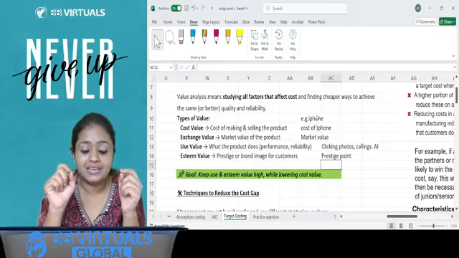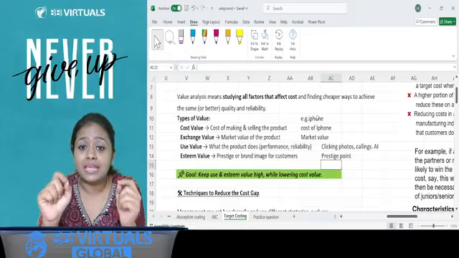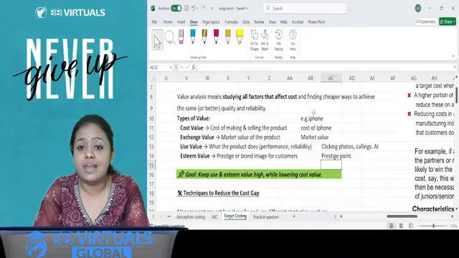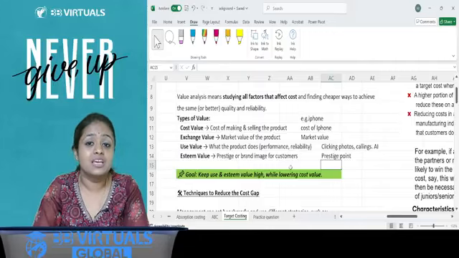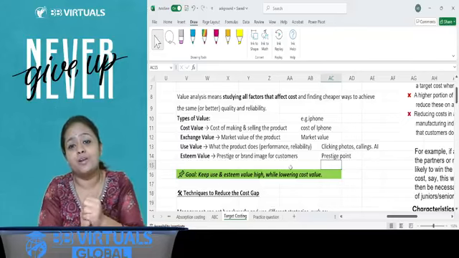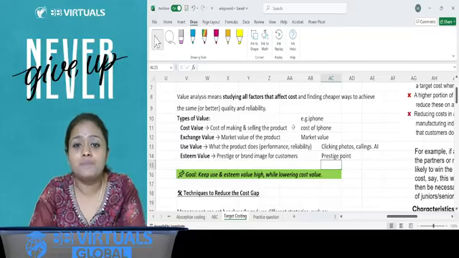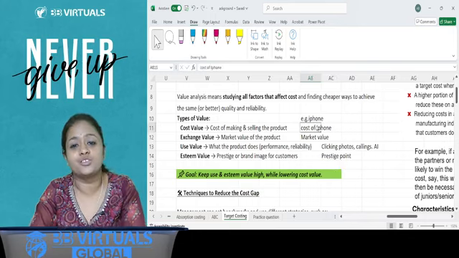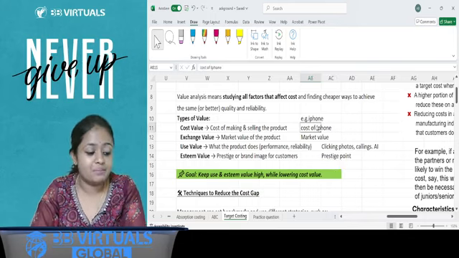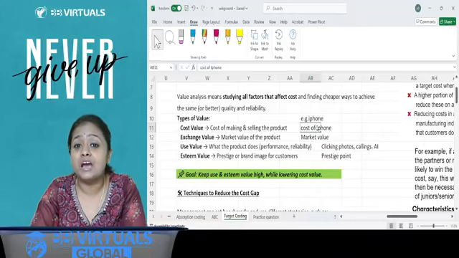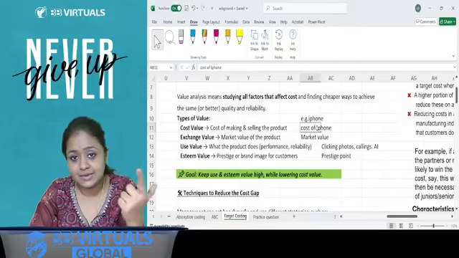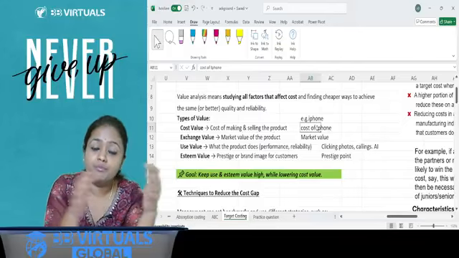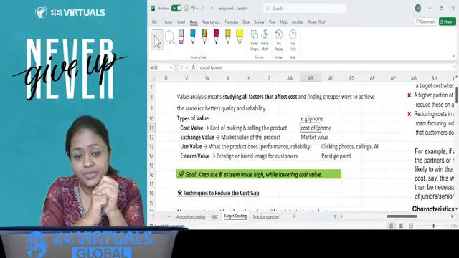And please understand that ultimately the aim is your esteem value and use value should never be compromised, because this is your X factor for selling the product in the market. What can be compromised is only the cost. So when iPhone is being manufactured, the company can afford to compromise only on the cost without compromising on use value or esteem value, because market value will move with regard to cost only, right?